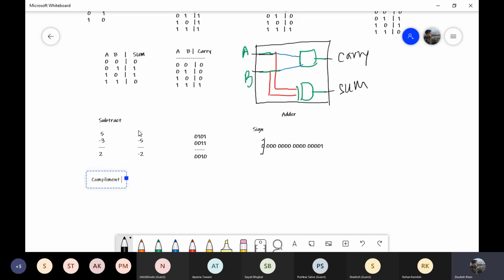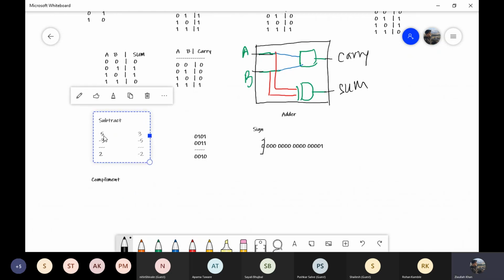To come to the same result, so you would want 2 as the result, which is the difference between these two numbers, you would perform the addition operation in such a way that you are going to get the result of 2.